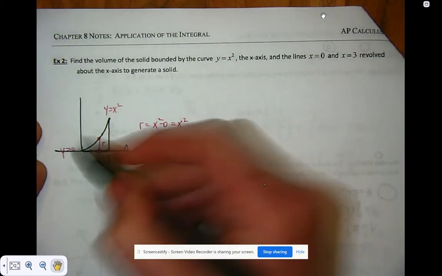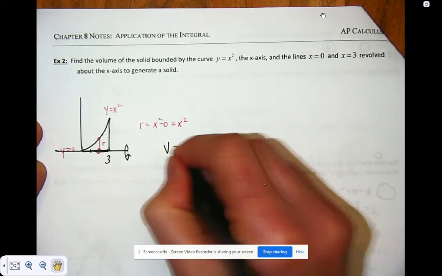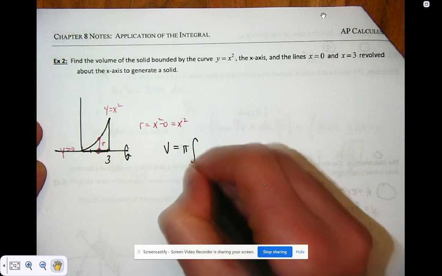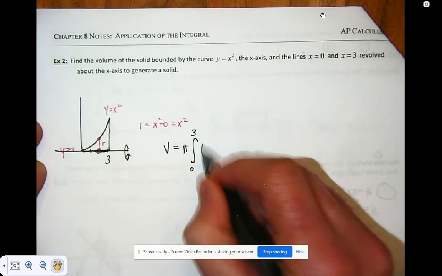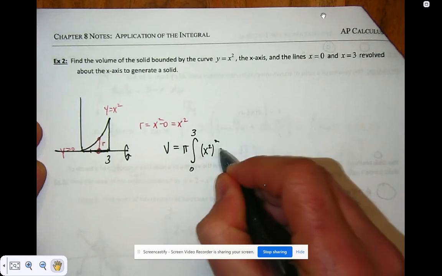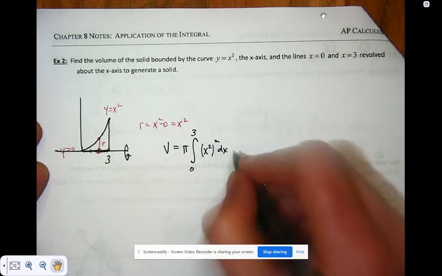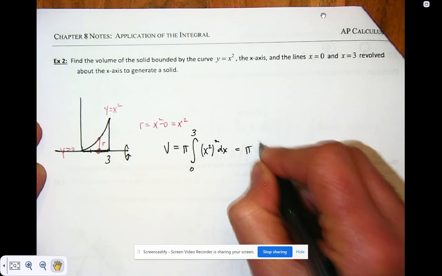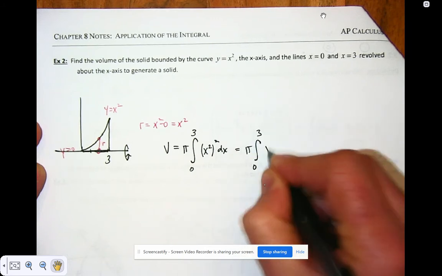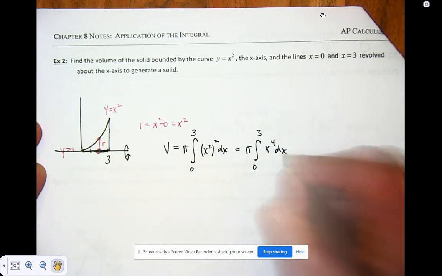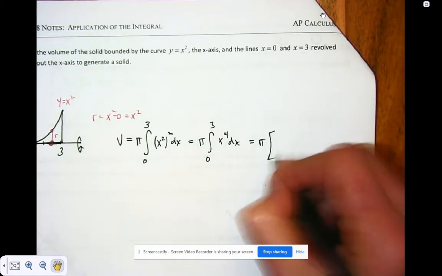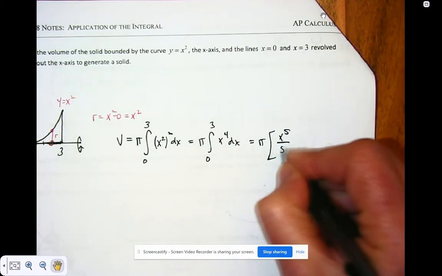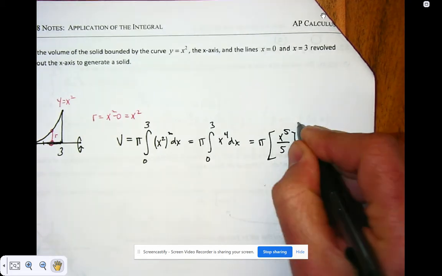Once you have r, you have your volume is equal to pi integral from 0 to 3 of r, which is x squared squared with respect to x, equals pi integral 0 to 3 x to the fourth with respect to x. And then we're going to get pi times x to the fifth over 5 from 0 to 3.